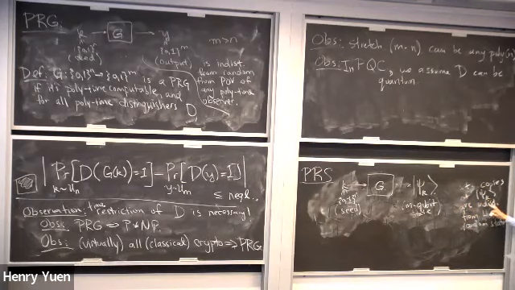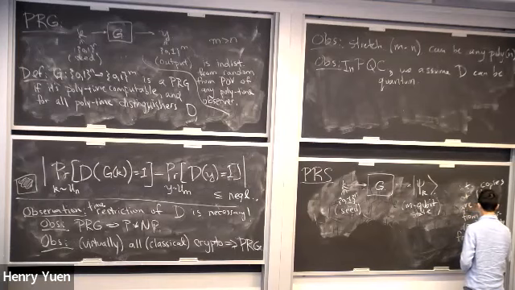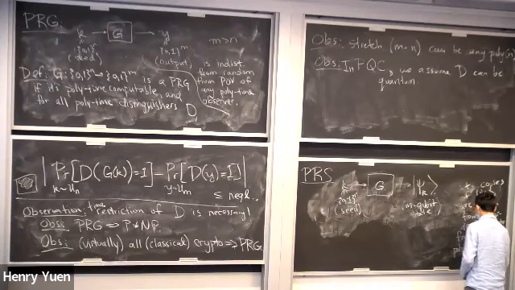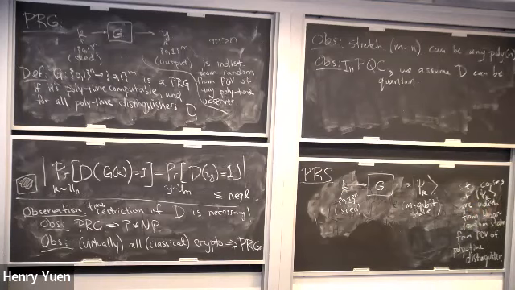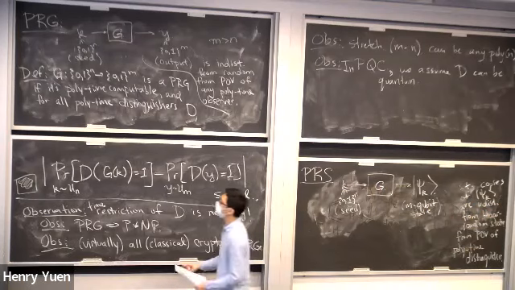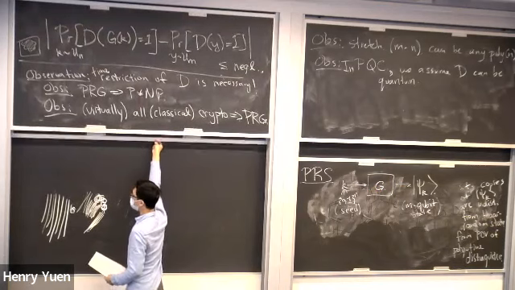And this is indistinguishable from the point of view of an algorithm that doesn't have that much time. So we're going to just modify the definition of a PRG appropriately to get the notion of a pseudorandom state.